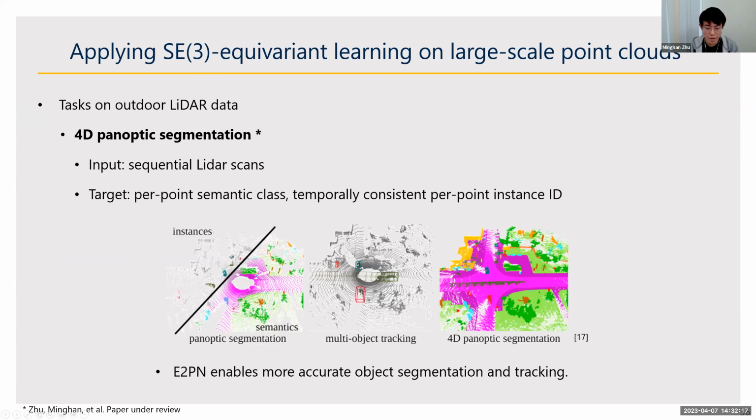So it's basically a combination of semantic segmentation, instance segmentation, and object tracking. Altogether, this is a multitask problem on LiDAR point clouds. And in our experiments, we also show that E2PN, this equivariant learning, can enable more accurate object segmentation and tracking, benefiting the overall panoptic segmentation.